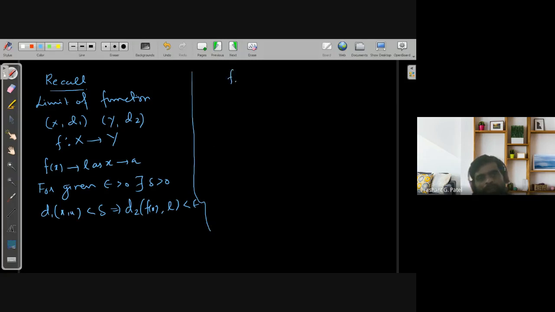In that, we required these two functions from X to R. They are real valued functions defined over the metric space.